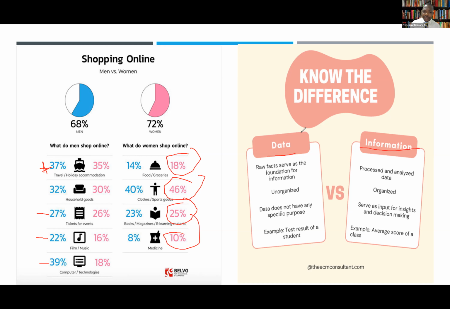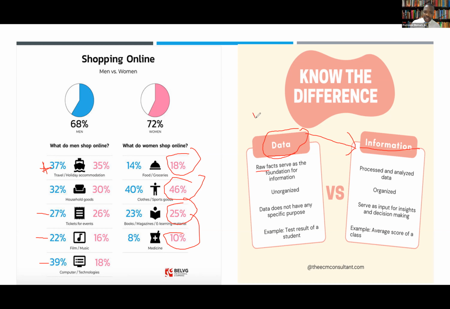Because e-commerce takes data and turns it into information. So let us highlight what are the differences between data and information. Data is raw facts served as a foundation for information. It's raw facts.